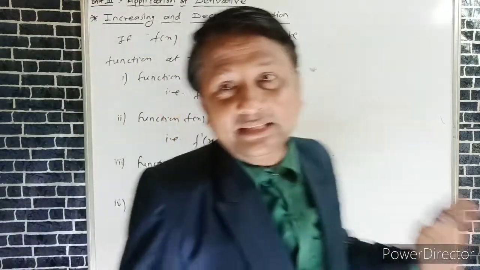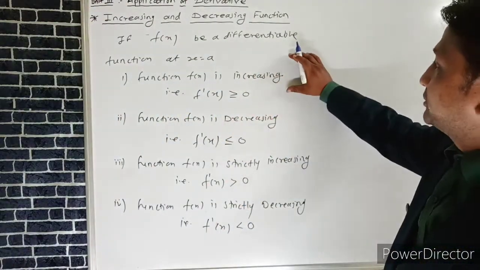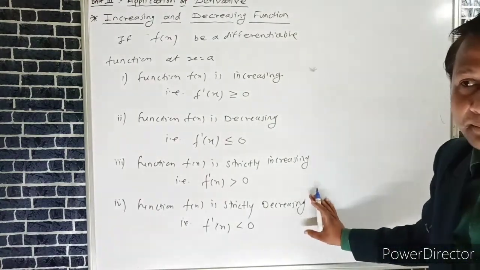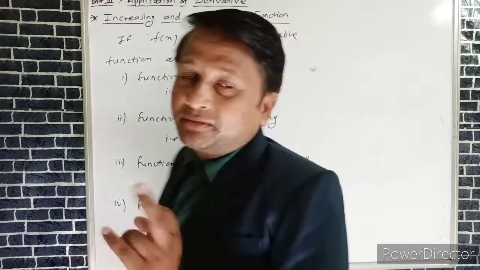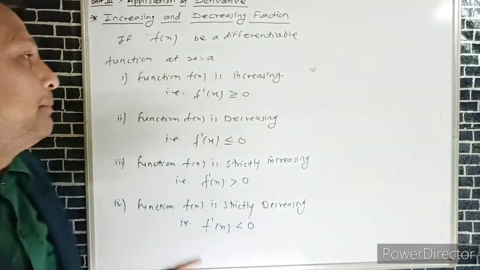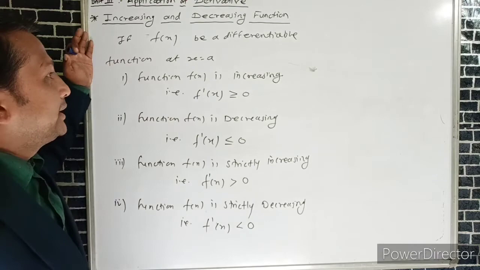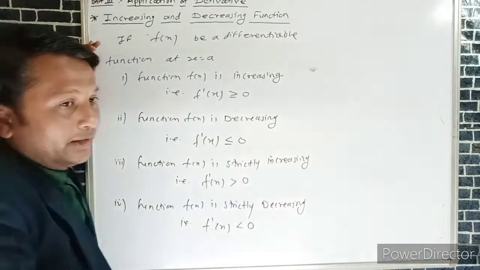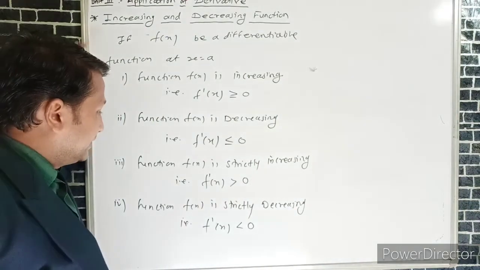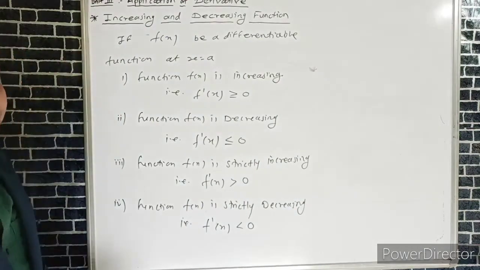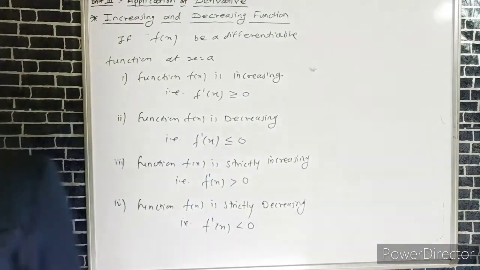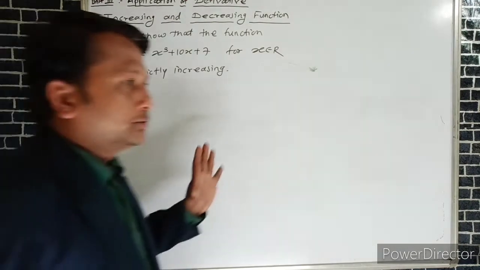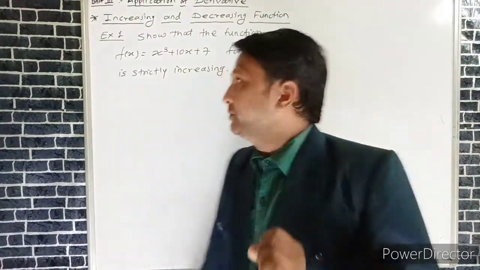By using these conditions for increasing or decreasing functions, if f of x is differentiable, we can test or verify whether the following functions are increasing or decreasing. The first example is simple to verify.